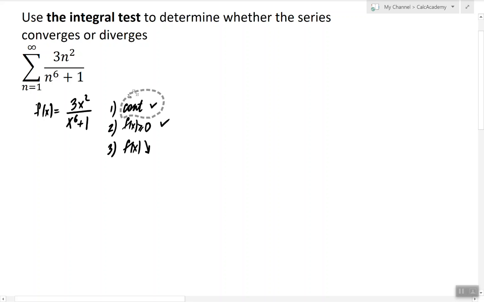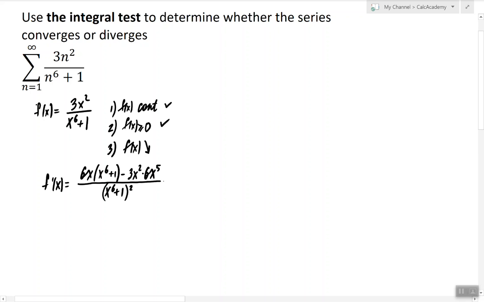So how do we make sure that f of x is decreasing? To make sure that f of x is decreasing, we can consider the derivative of the function. In this case, the derivative is 6x times x to the 6 plus 1 minus 3x squared times 6x to the 5, over x to the 6 plus 1 squared.